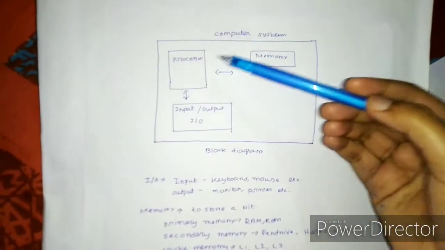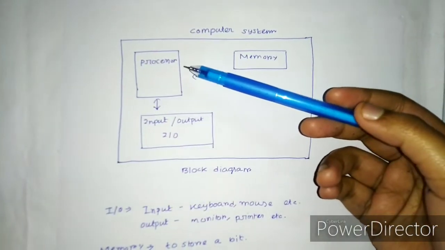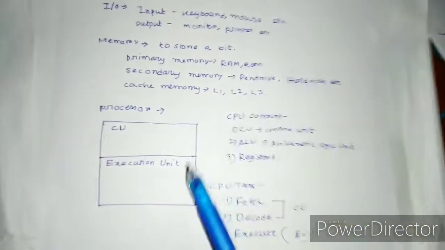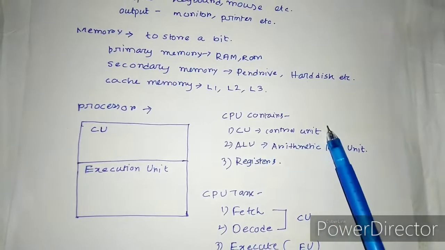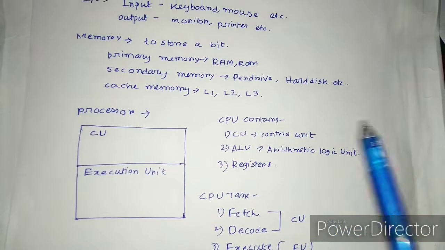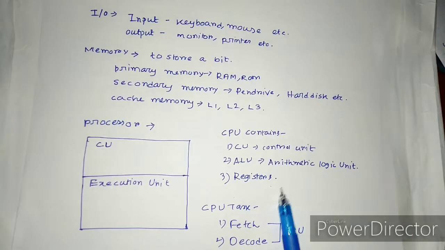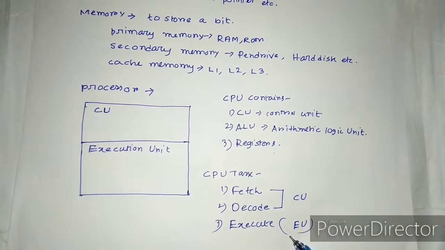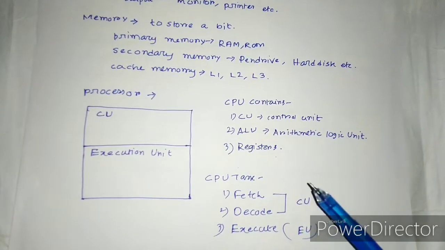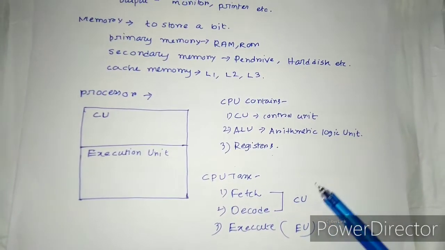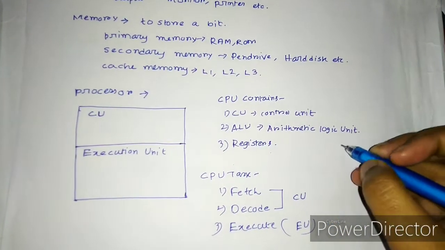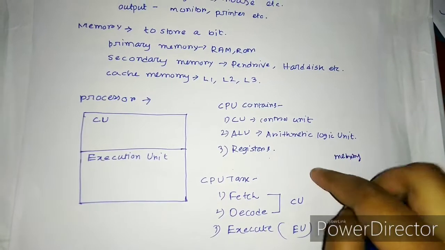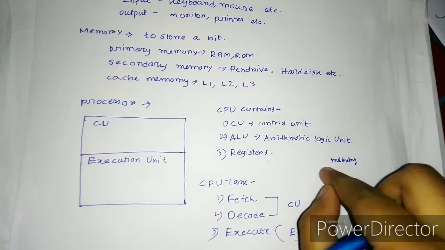Now the processor comes to the scene. Okay, processor, the CPU, right? The heart of a computer. A CPU is a collection of the CU control unit, ALU arithmetic logic unit and registers. A CPU's basic task is fetch, decode and execute. So fetching, it fetches all the data and instructions from the memory. Then these instructions will get decoded.